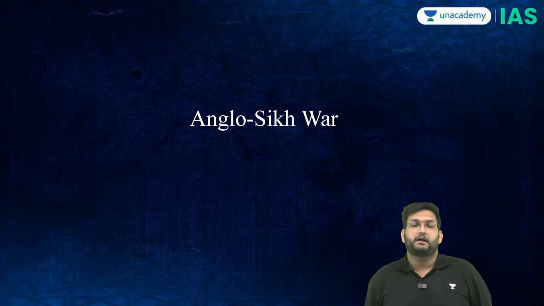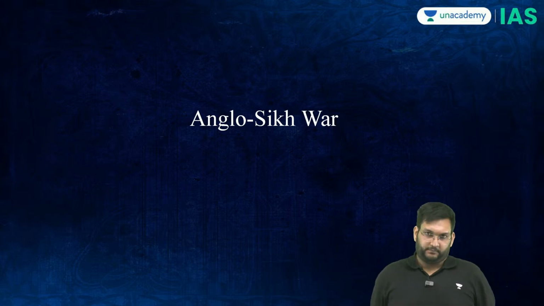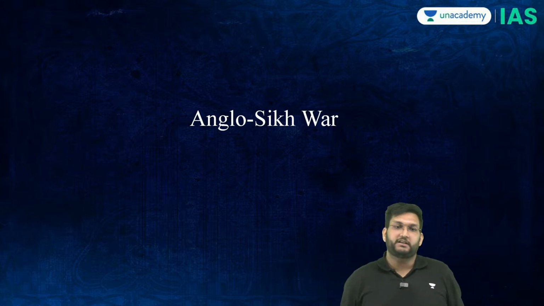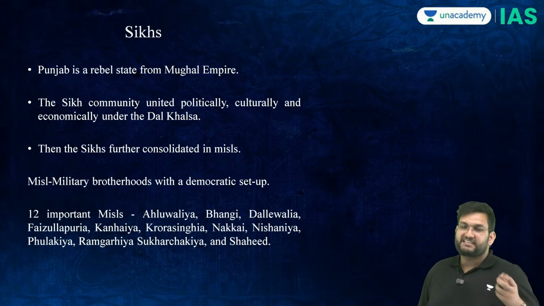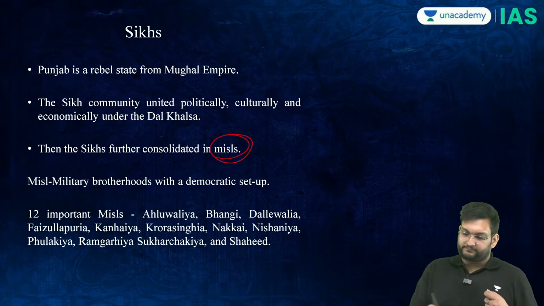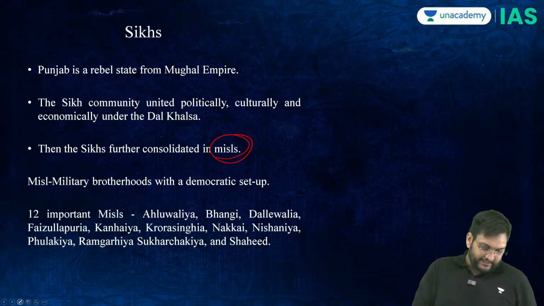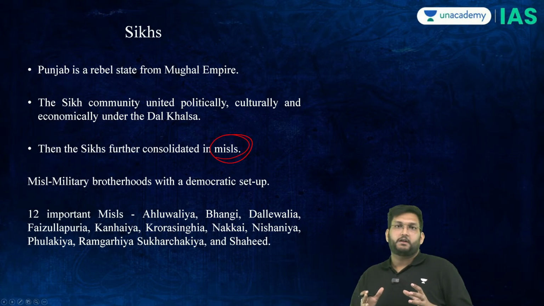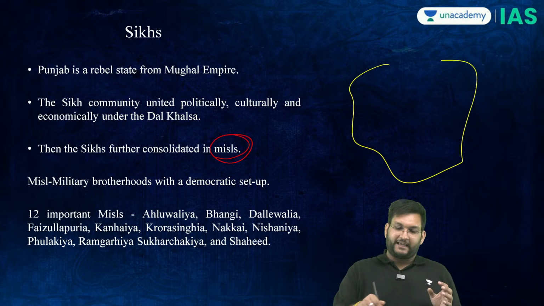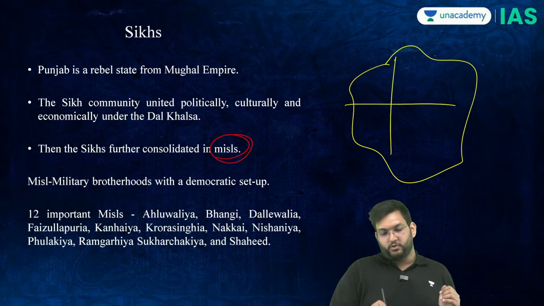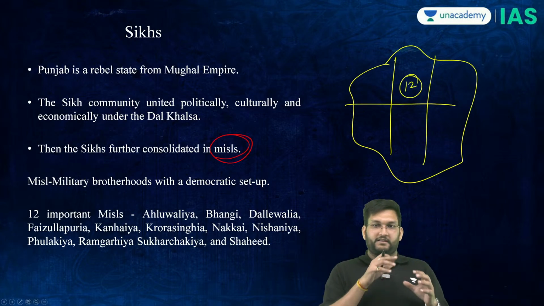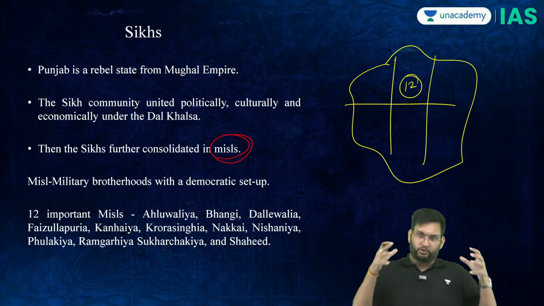But Khalsa, in a way, was evolving. And what Khalsa evolved into is called misls. The word is misl. Basically, misl is nothing but military brotherhood, which is that the whole Sikh empire got divided into 12 misls. These Khalsas evolving into bigger groups.